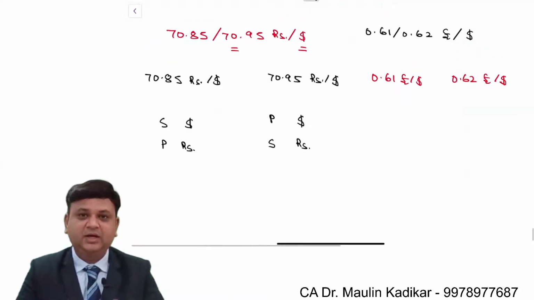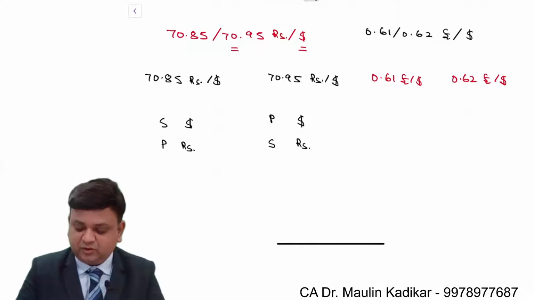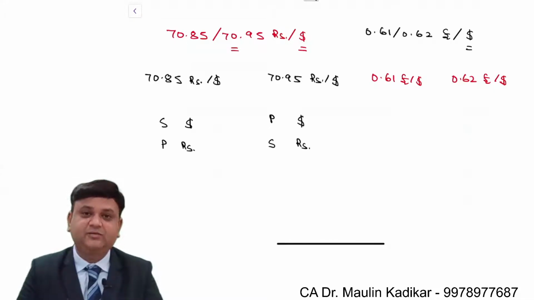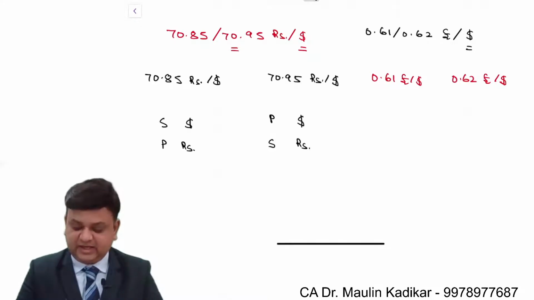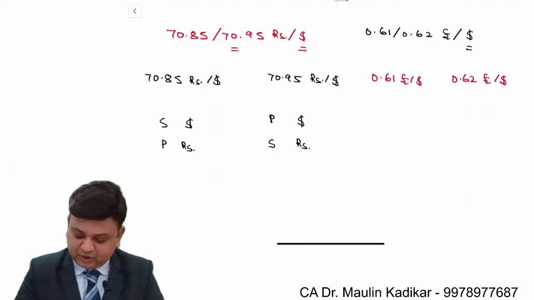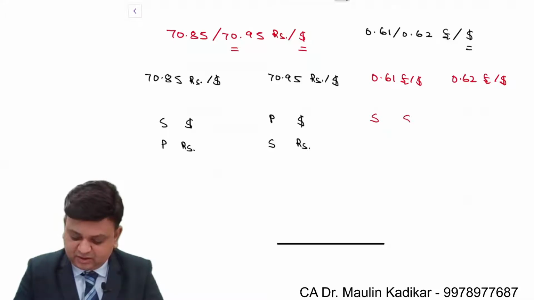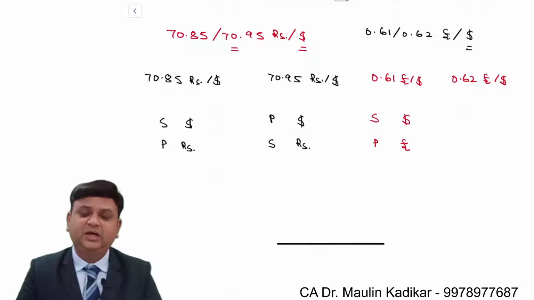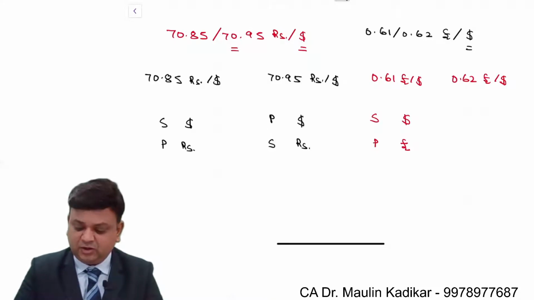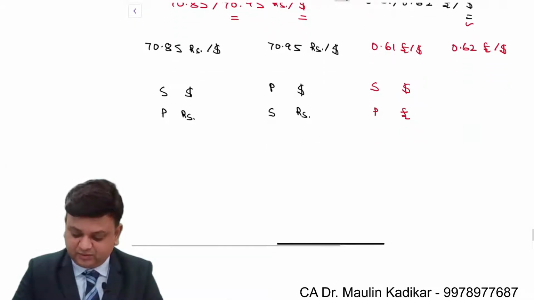Again, if I go to the bank for conversion of dollar into pound, then for every $1 I will get fewer pounds. So it is sell of dollar and purchase of pound. If I go to the bank to purchase dollar, then I have to sell more pounds.